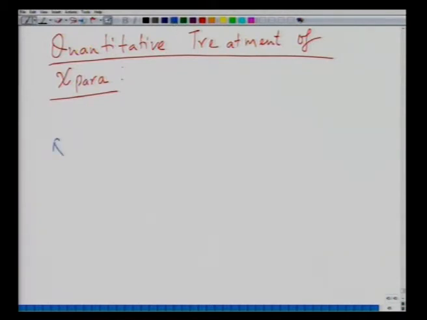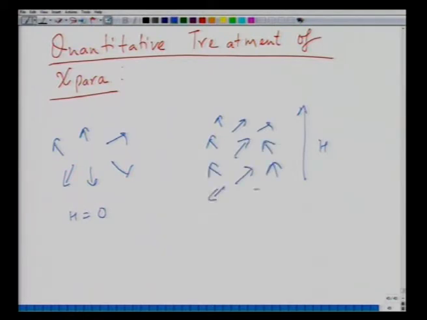In the absence of a field, H equal to 0 will be a completely randomized picture, and when you have finite H, then these will be a little random, but with a propensity to align in the direction of the applied field. So H is not equal to 0 and mu net is not equal to 0.